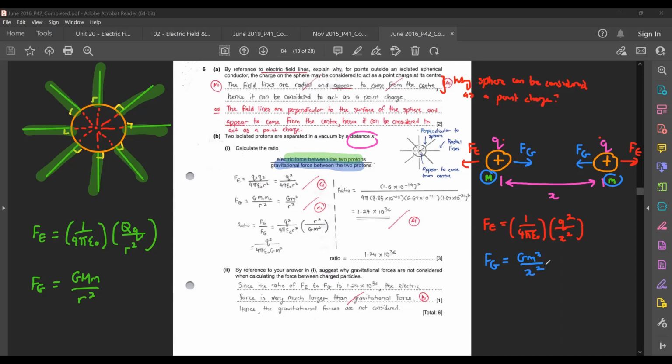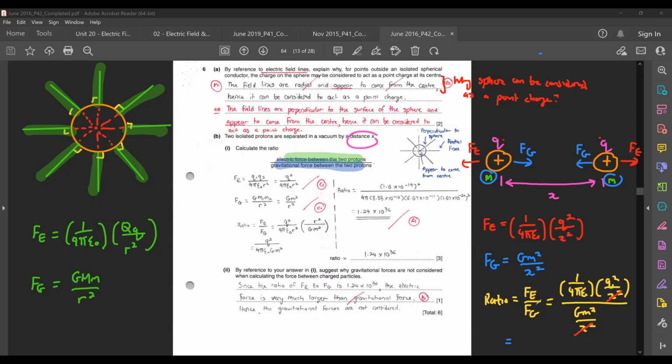Now, if you're talking about the ratio of Fe to Fg, you just have 1 over 4 pi epsilon naught q squared over x squared, divided by G m squared over x squared. You will notice that the separation x squared will cancel each other off, eventually giving you something like this.